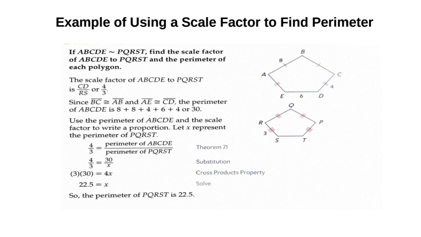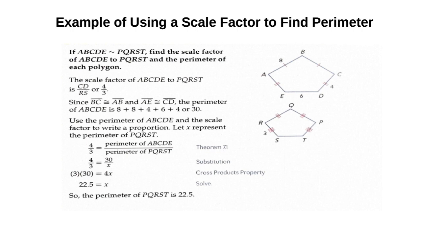So we have CD. The length of CD is 4 and the length of RS is 3. So that means that the scale factor is going to be 4 over 3. Now, since the side BC is congruent to the side AB and the side AE is congruent to the side CD, then the perimeter of ABCDE is 8 plus 8 plus 4 plus 6 plus 4, which is 30.